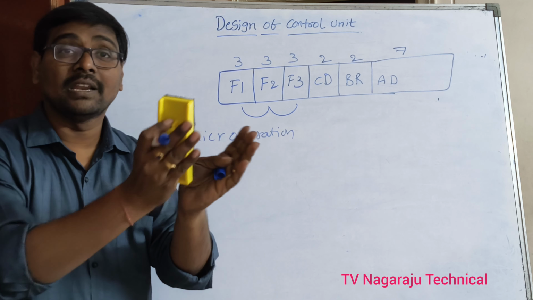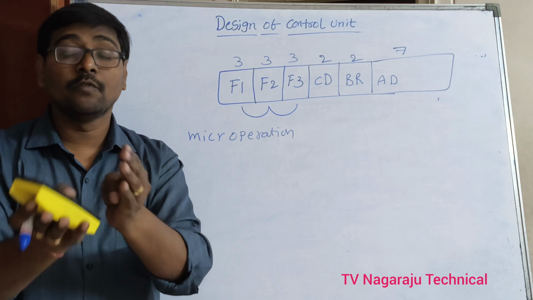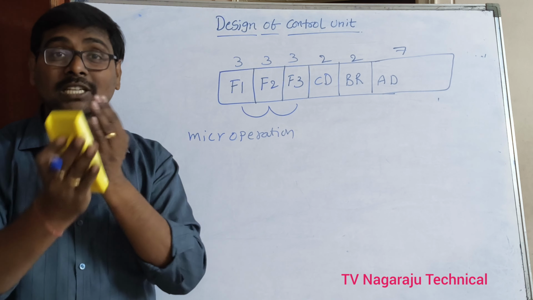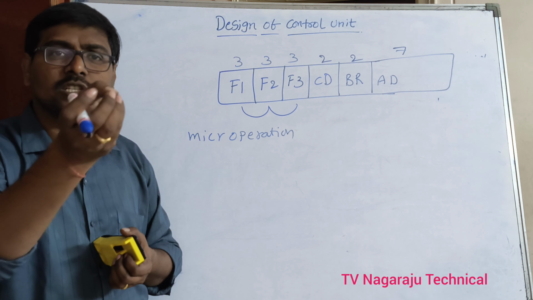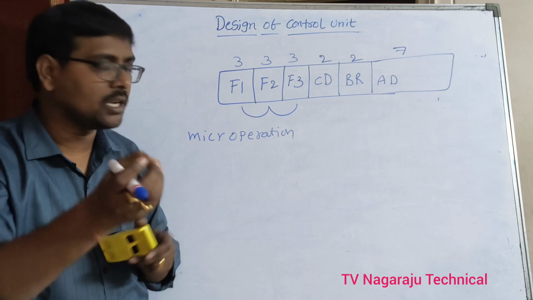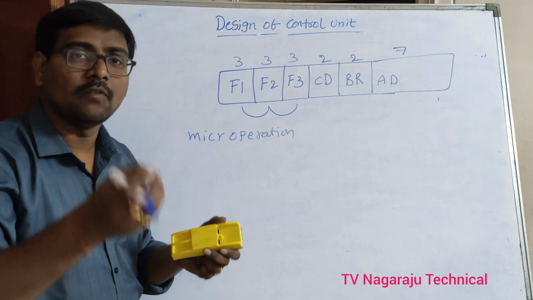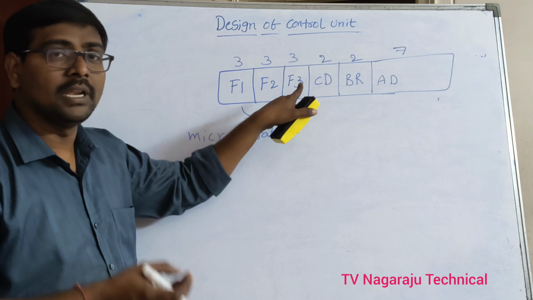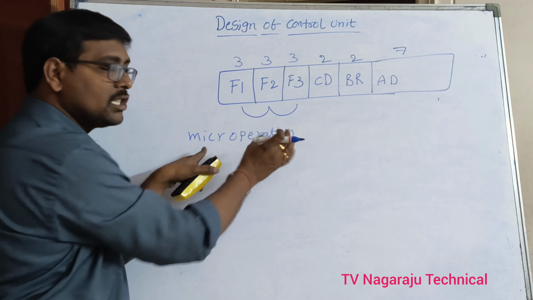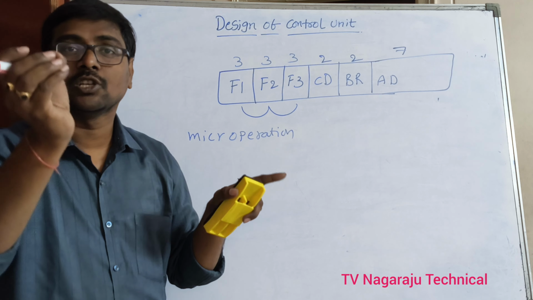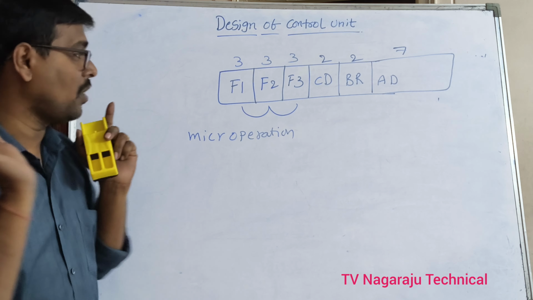These are used for register transfer, arithmetic operations, logical operations. Generally, F1 is used for register transfer and arithmetic operation. F2 contains set of logical operations. F3 contains set of shift operations. These three together specify the micro operation that we are going to perform.